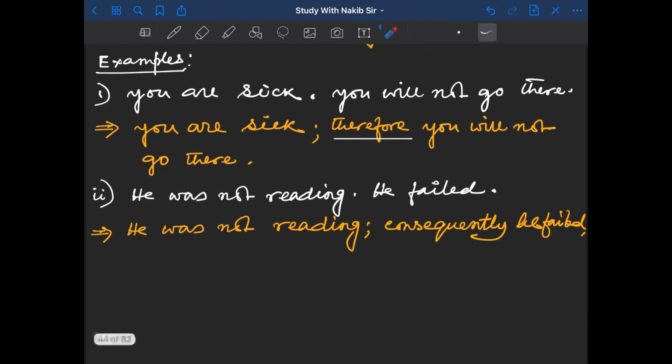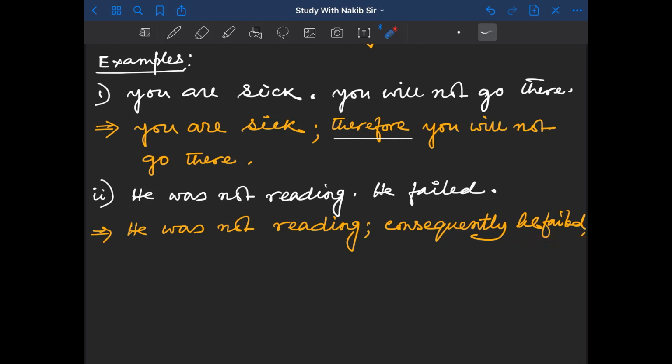And this one, he was not reading. He failed. He was not reading. And the consequence is, the result is, he failed. So these two sentences can be combined this way. He was not reading. So consequently, therefore, he failed.